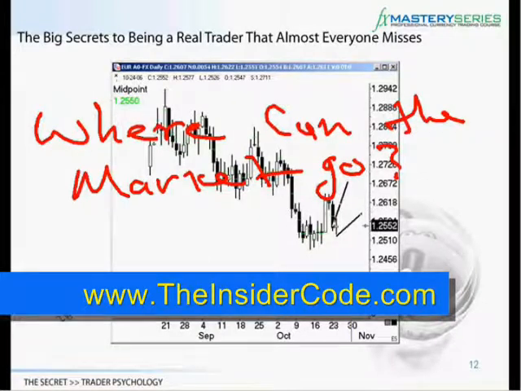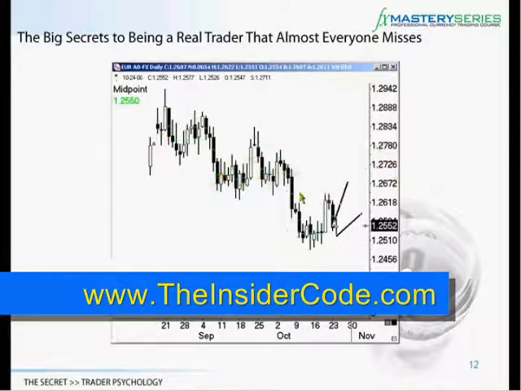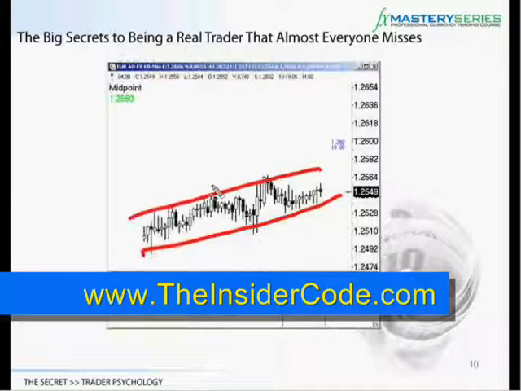So if in the first chart you decided, well, the market is going up, instead of reinforcing that belief on this chart, you simply ask yourself, where can the market go on every single chart? So, where can the market go? Well, the market could go up like this.